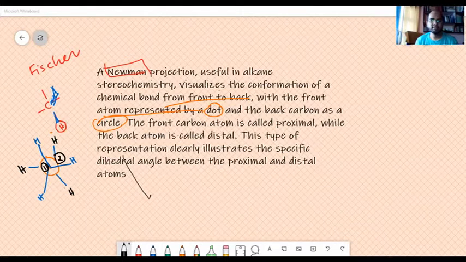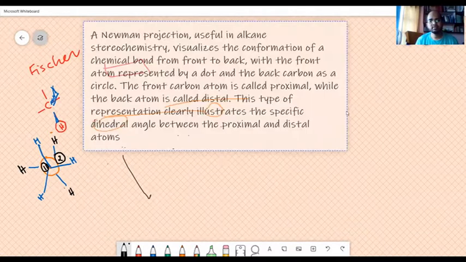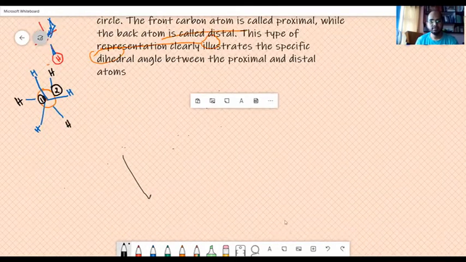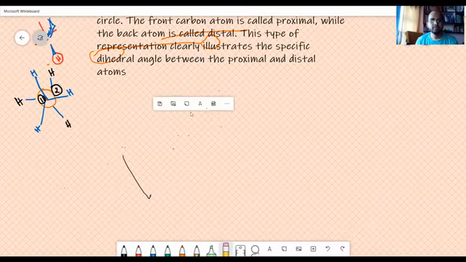I stop this. Let me see what is this. Okay. I'll add the image.